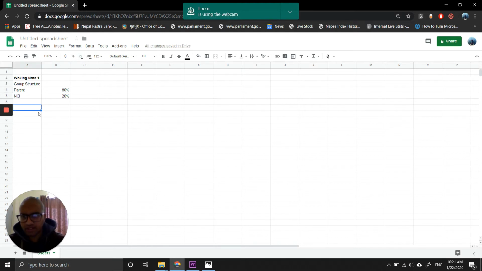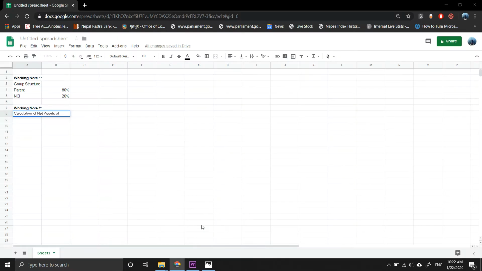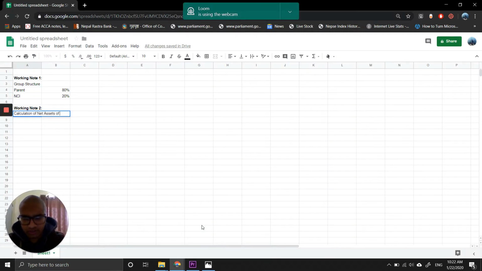And then our second working note, calculation of net assets of Jones.